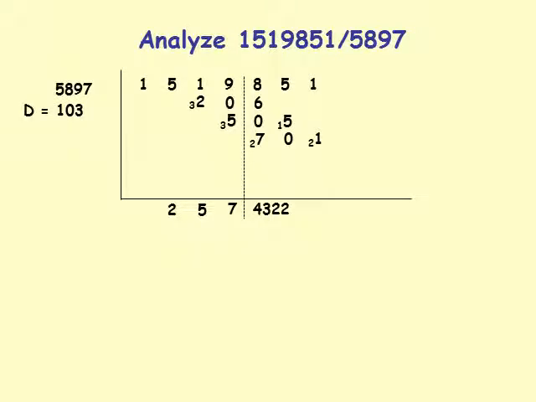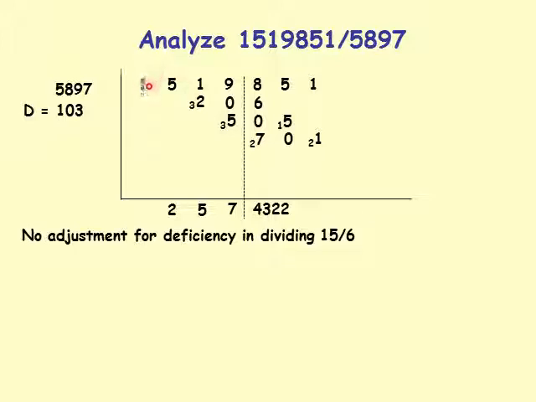This is how we did it. We said that in the end 257 was the quotient and 4322 was the remainder. Let's continue here. The very first division we did was 15 divided by 6 to get 2. There was no adjustment for deficiency in this column here.